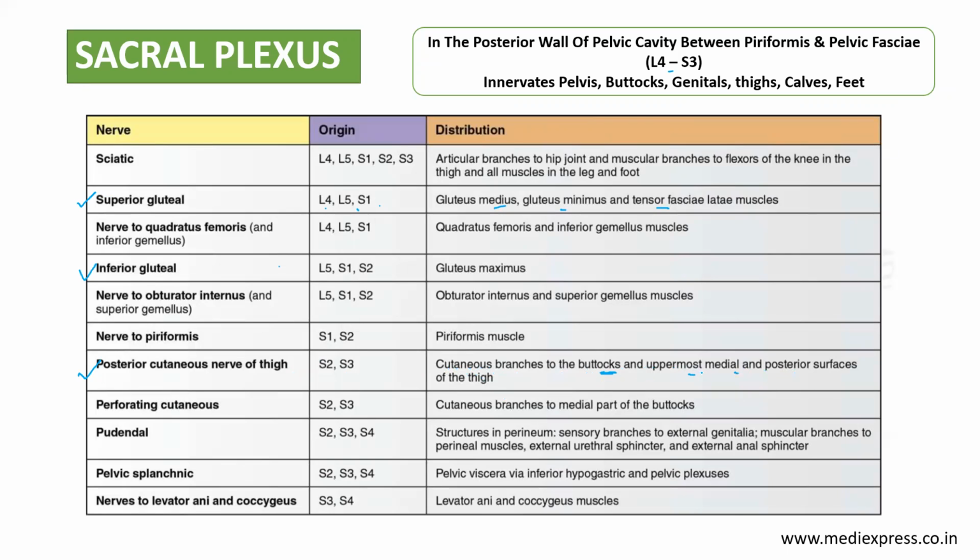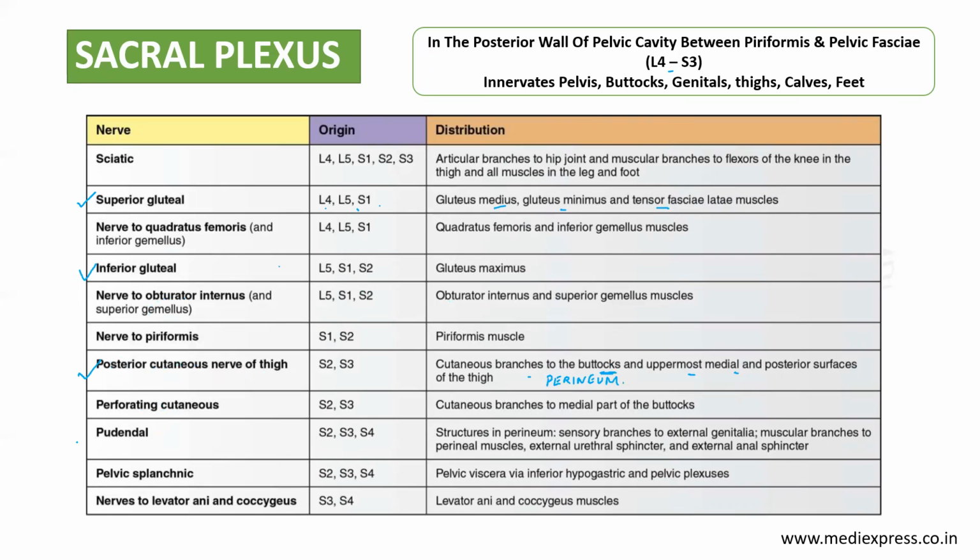It also gives off cutaneous branches to the perineum. So that was the posterior cutaneous nerve of the thigh.